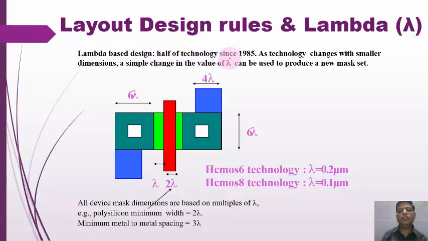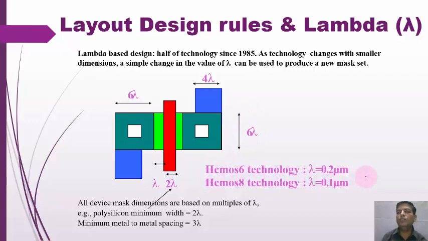Here are the layout design rules and lambdas. Lambda-based design has evolved since 1985. As technology changes to smaller dimensions, a simple change in the value of lambda can be used to produce a new mask set. Here in the NMOS structure, 6 lambda, contact is 2 lambda. Here 2 lambda is the polysilicon layer, 4 lambda is the metal, and 6 lambda structure is there.